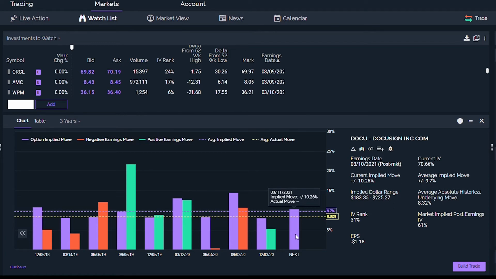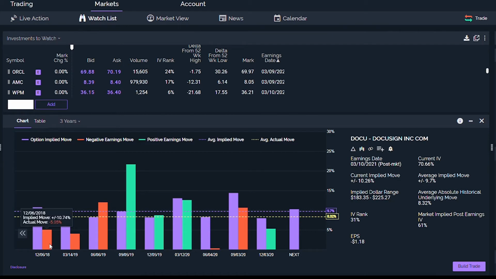It's on March 11 after the market closes, and there's an implied move of 10.26%. So options are pricing in that this stock can go up or down 10.26%.